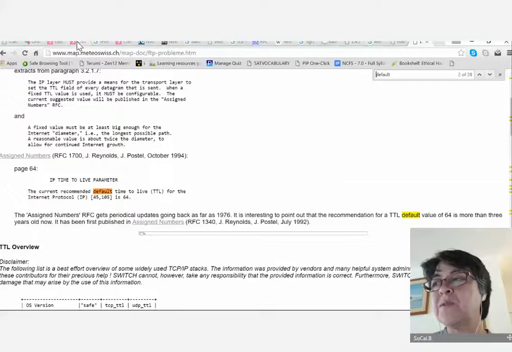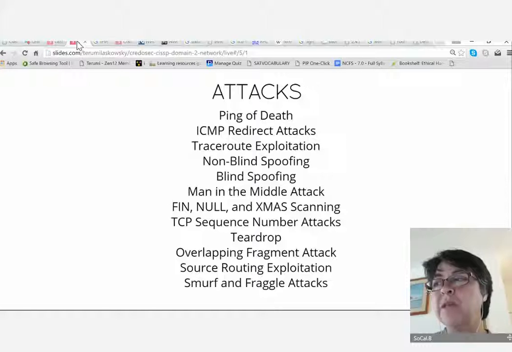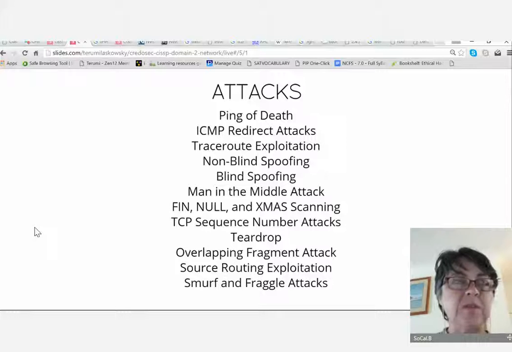Okay, so the next one is non-blind spoofing. If what you saw was blind spoofing, how would you do it so that you're spoofing, but you could still see the effect of the damage? How would you think you could do that?